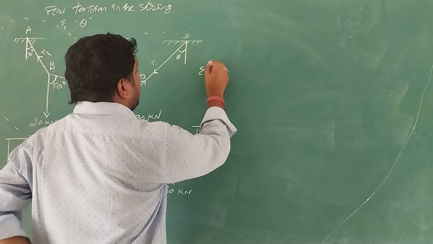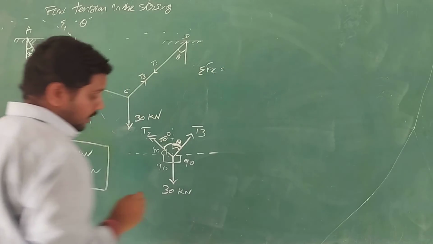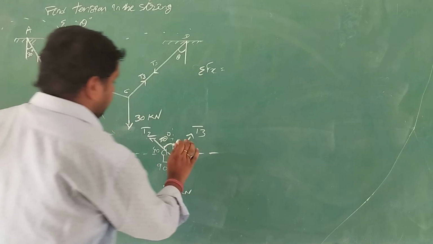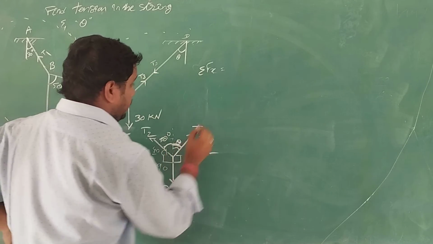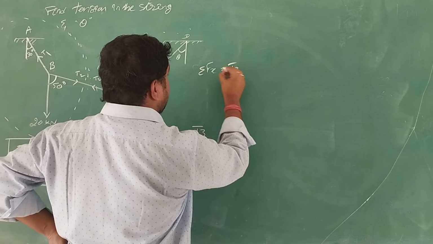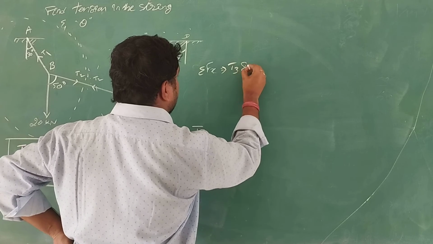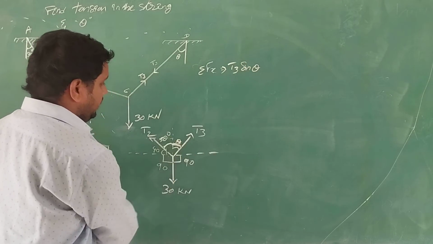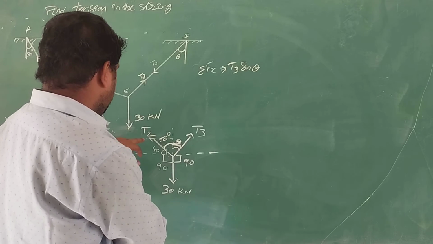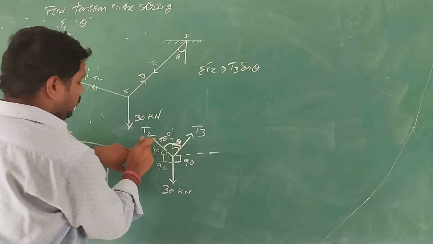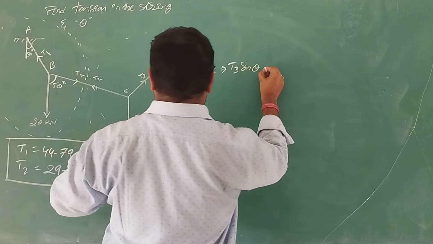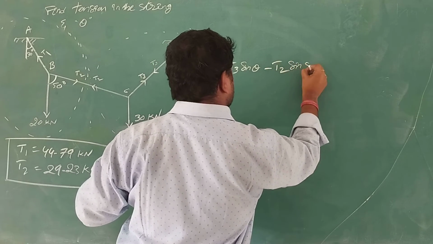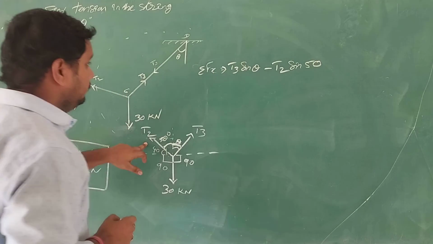So here, first I'll write sigma Fx, all the forces in horizontal direction. Here T3 sin theta, it's here, okay? T3 sin theta plus T2. In this quadrant, my x is negative, so minus T2 sin 50.